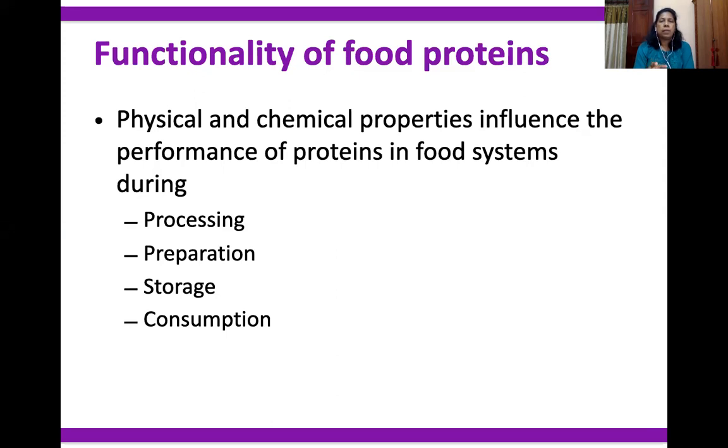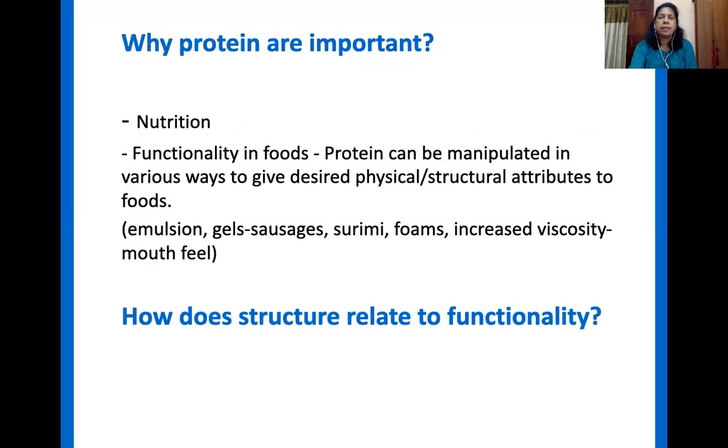That means physical and chemical properties influence the performance of protein in the food matrix. So keep the protein as it is, because proteins are important from the nutritional point of view as well as the functionality point of view in the food system.